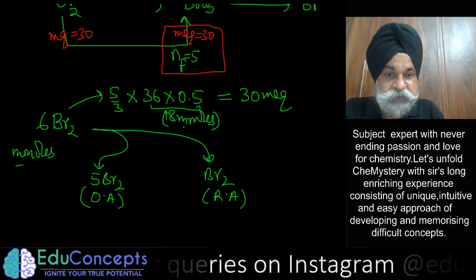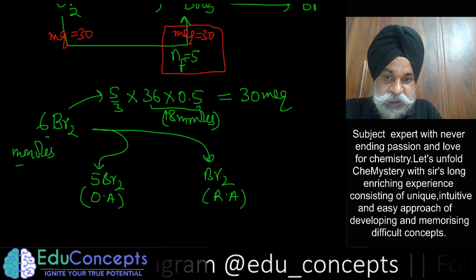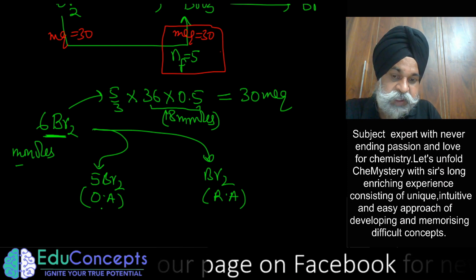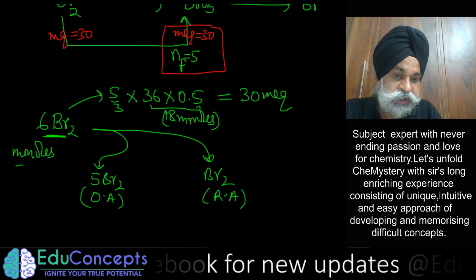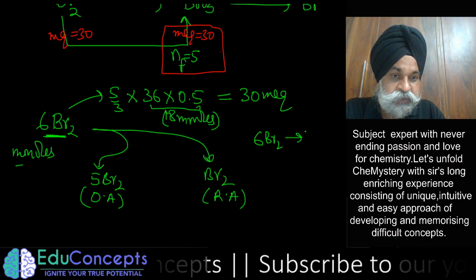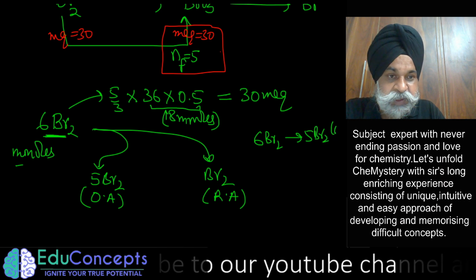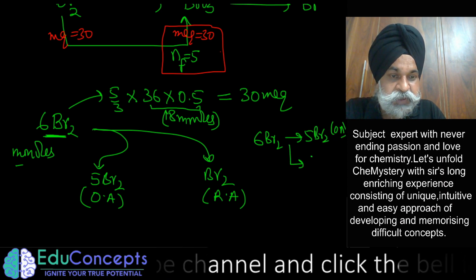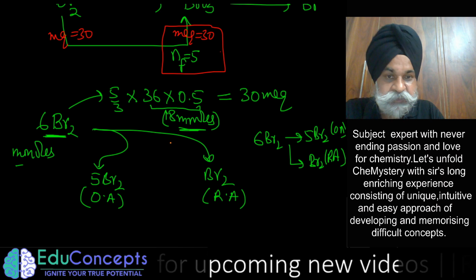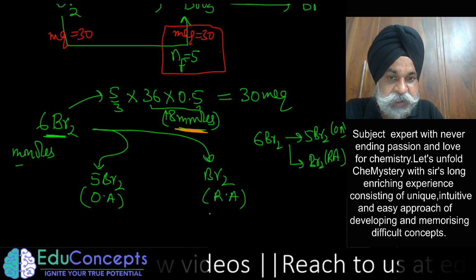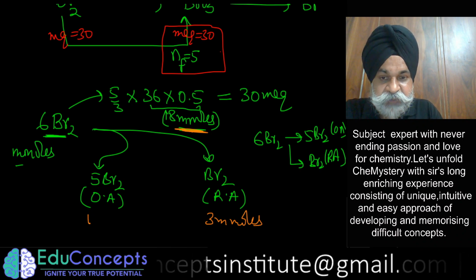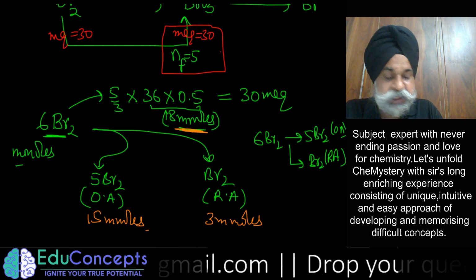Out of 18 millimoles, 6 moles of Br2 is made up of 5 Br2 acting as an oxidizing agent and 1 Br2 acting as a reducing agent. तो हम ये कह सकते हैं 6 Br2 में से 5 Br2 कौन से हैं, that is of oxidizing agent, and 1 Br2 कौन सा है as a reducing agent. So if you have 18 millimoles, तो 18 में से 3 millimoles किसके होंगे, reducing agent के, और 15 millimoles किसके होंगे, oxidizing agent के.